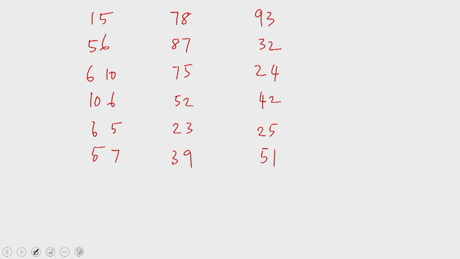So, in this Euler circuit, the successor of 1 5 is 5 6, the successor of 5 6 is 6 10, and so on. And then the successor of 5 7 is 7 8, the successor of 3 9 is 9 3, and finally the successor of 5 1 is 1 5, closing the circuit.